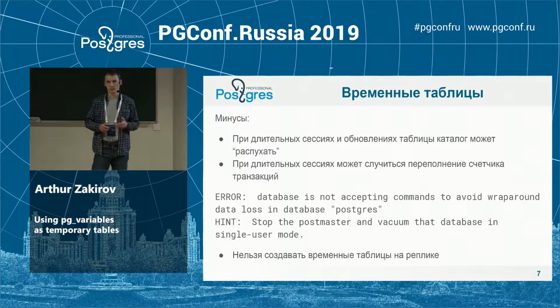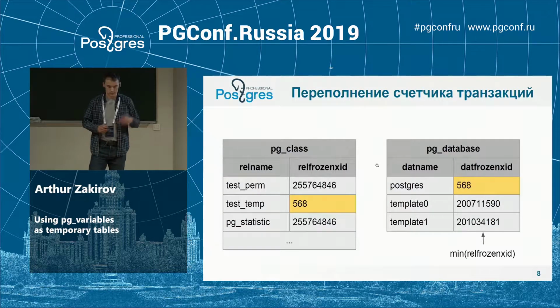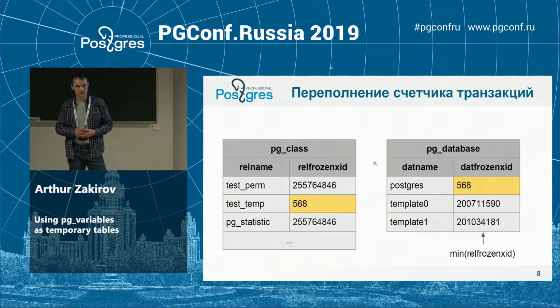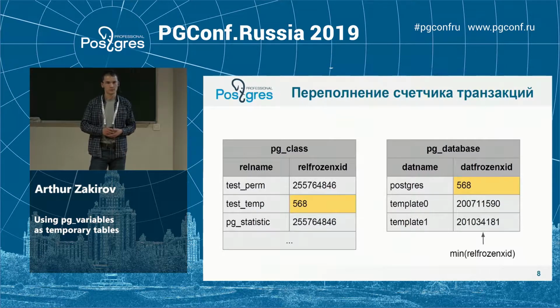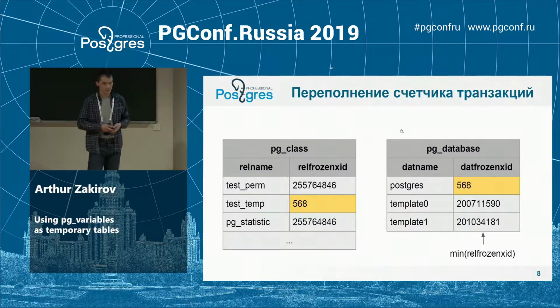And additionally, system catalogs contain information on temporary tables. The physical replica does not tolerate creation of such constructions. This is just general information on wraparound. Wraparound is due to the frozen xid of the table, and autovacuum is not making this happen.